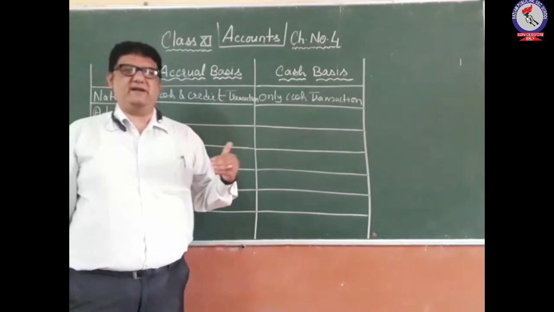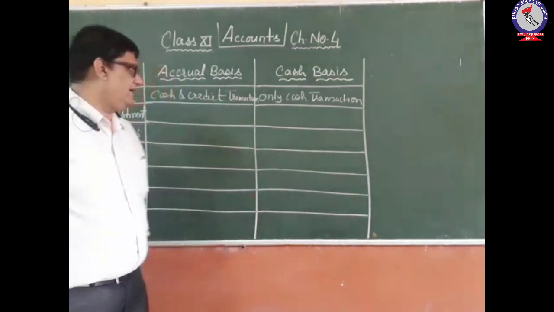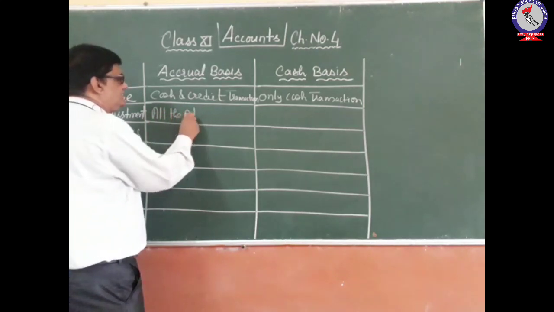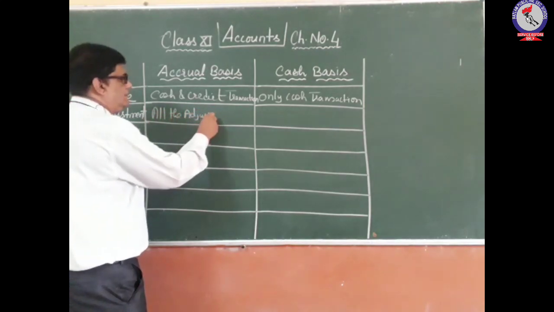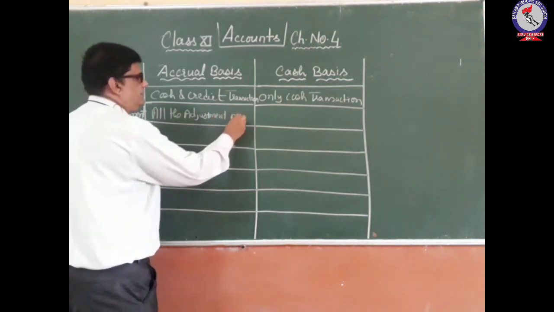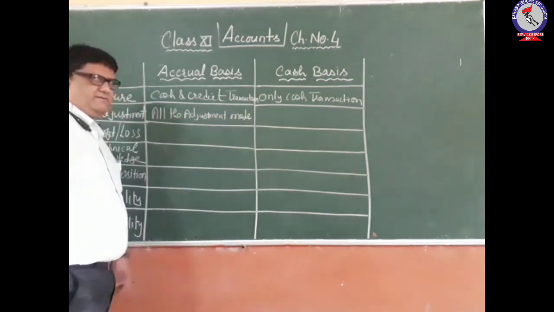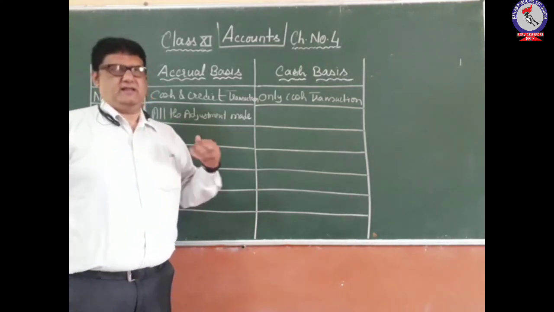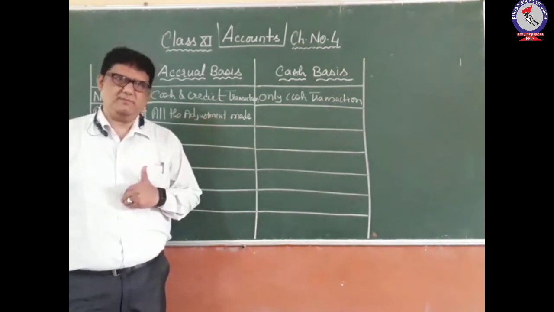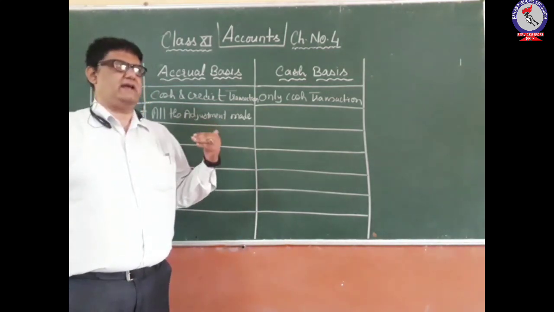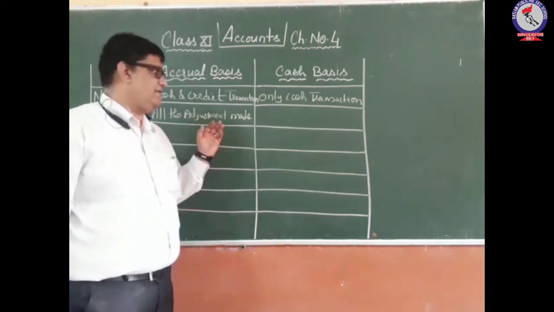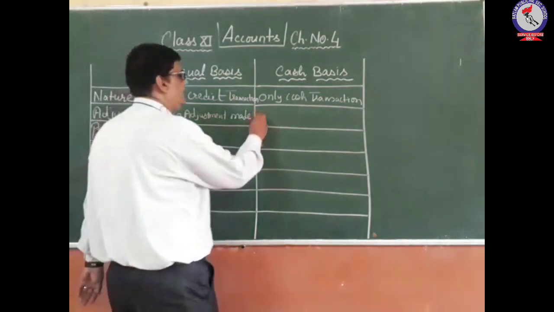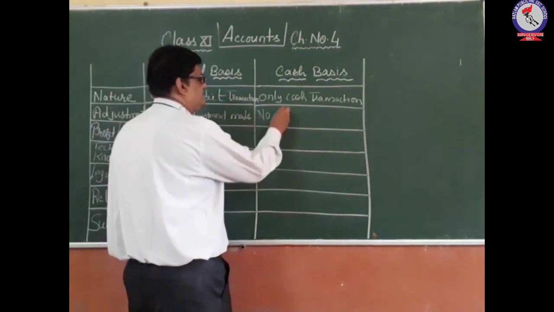That means all the adjustment entries are made. Whether the adjustment is related to outstanding or prepaid expenses, we show it in the profit and loss statement, and whether it is related to accrued income or unearned income, it is shown in the balance sheet. And in the cash basis of accounting, there will be no adjustment.